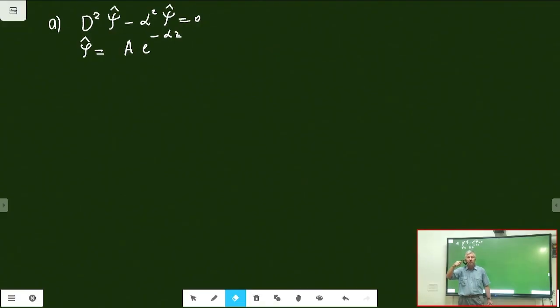So the next thing would be to apply the jump condition. For the jump condition, we need to know the solution in the second layer. We cannot apply it yet. So the next step clearly will be to consider what happens in the second layer, right? And you need to write an equation for the second layer and solve it.